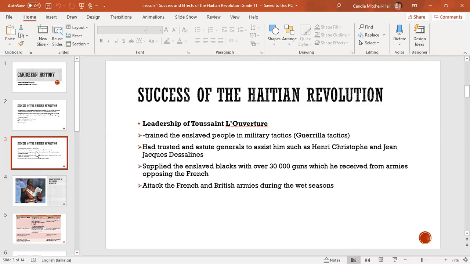And another thing he did was attack the French and the British armies during the wet season. My question: why do you believe he used the wet season to attack the French and the British army? Blake.